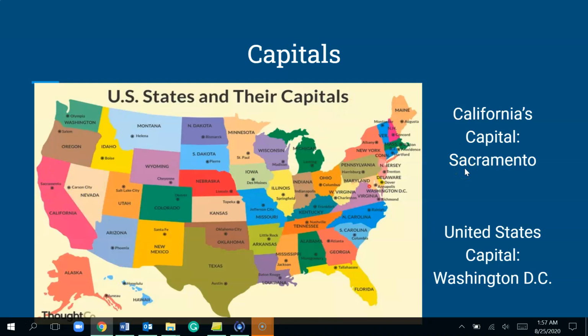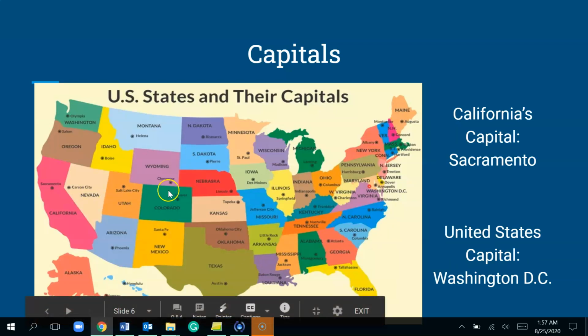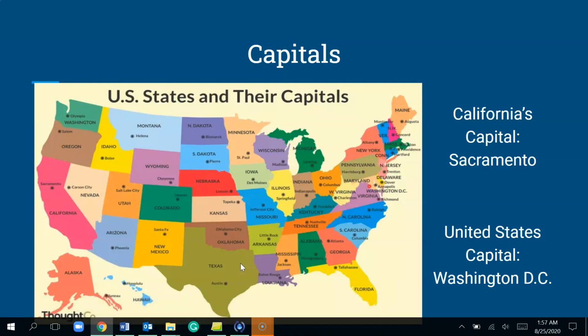You will also need to know the capital of the country, which in our case is Washington, D.C. If you look at this map, you will notice, first off, the states, and each state is labeled. You will also notice that each state has a small black dot with the name of each state's capital.